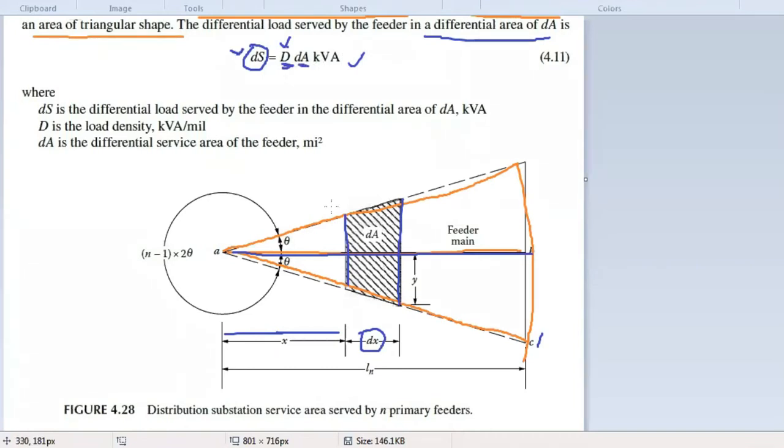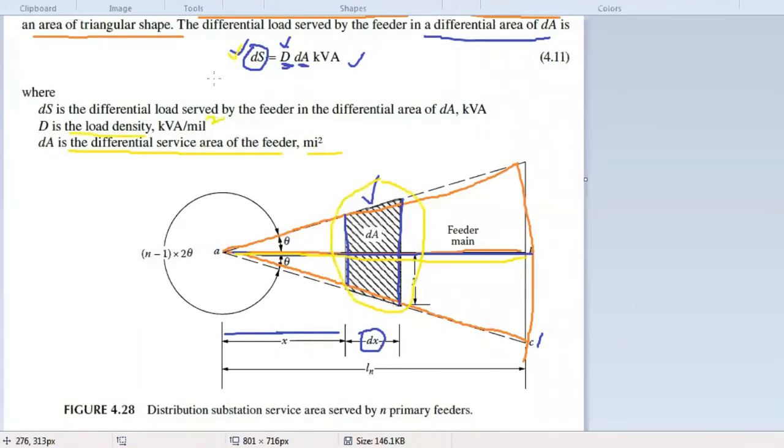This dS is the differential load served by the feeder in a differential area. To get dS, the load density has to be multiplied with the differential service area, which here is in miles, so mile square. Okay?